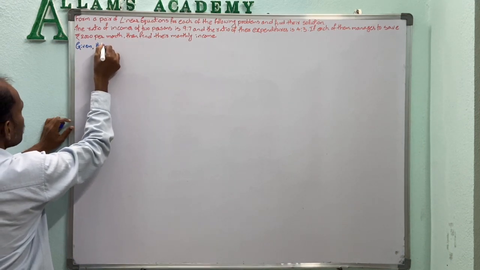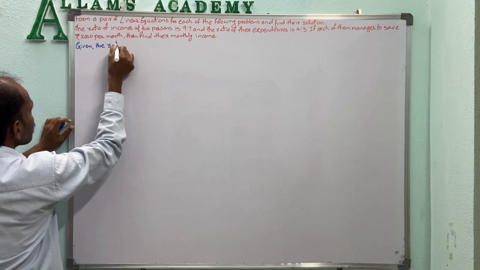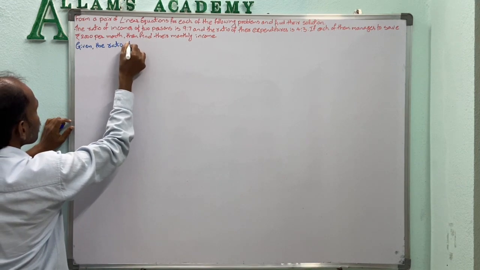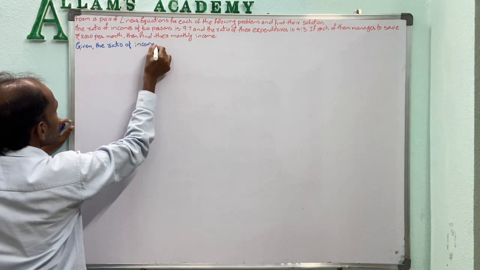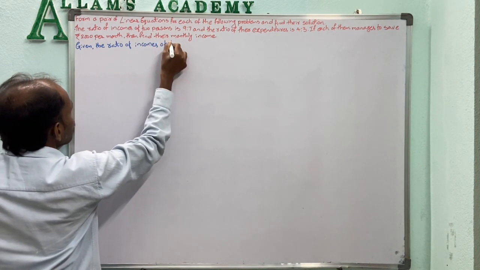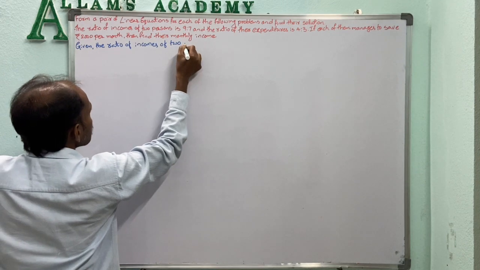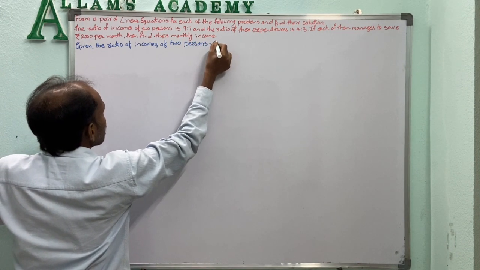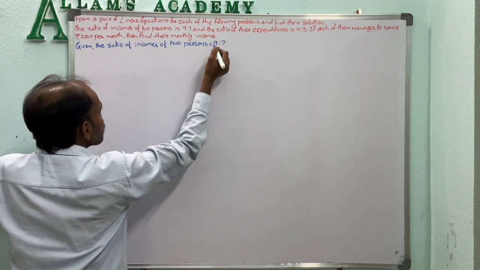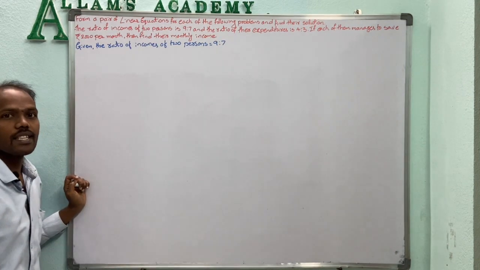Given: the ratio of incomes of two persons is equal to 9:7. That is the given.